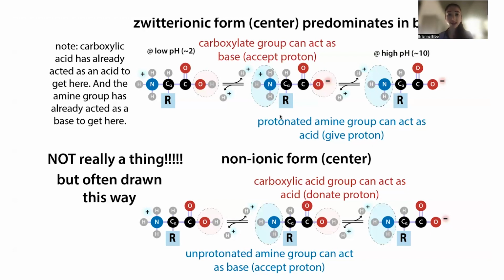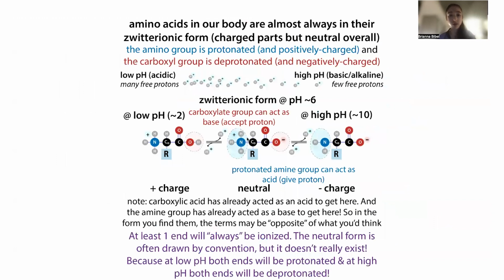And so what actually exists is this zwitterionic form, where you have the amino group protonated and the carboxylic acid group deprotonated to be carboxylate. You're going to see this separation of charges, but they cancel out. This is called a zwitterion.